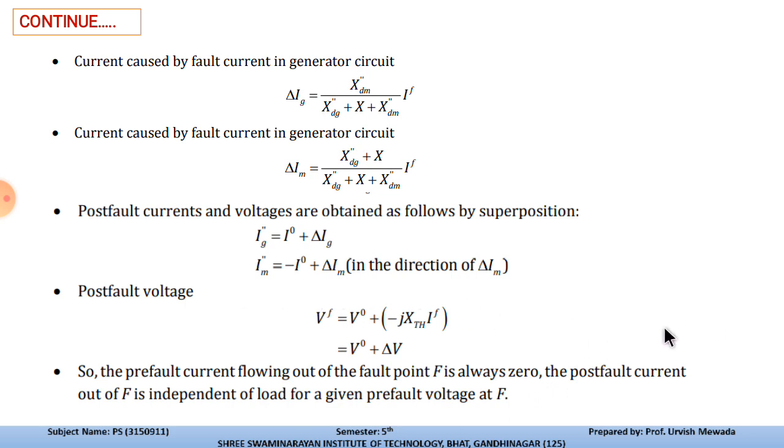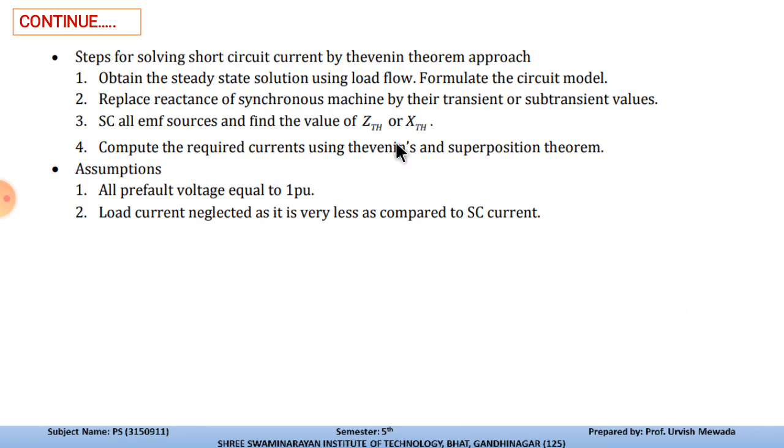So at the point at which the fault takes place, this is the condition that gets satisfied: the pre-fault current flowing out of the fault point F is always 0, and the post-fault current out of F is independent of the load for the given pre-fault voltage at F.